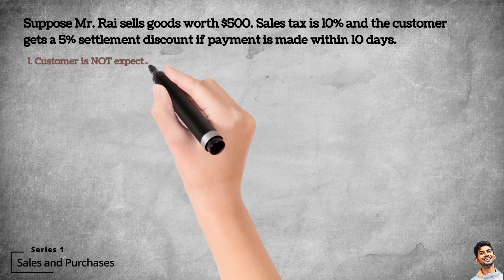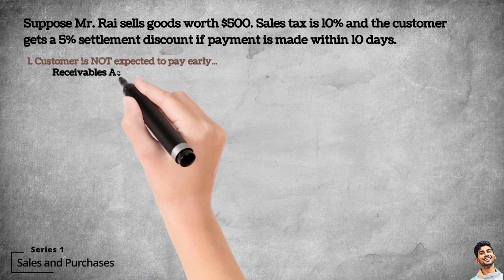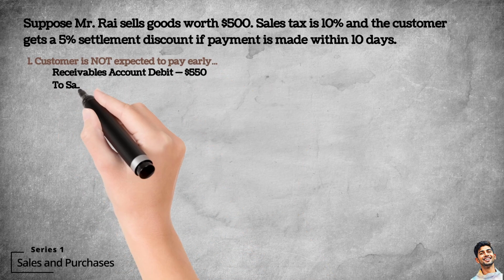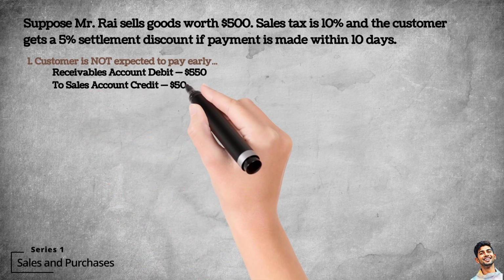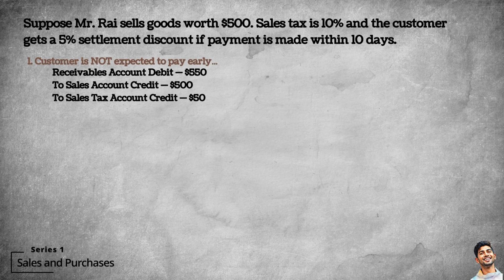Now if the customer is not expected to pay early, then the full sales amount is recognized. So the entry is receivables account debit $550, to sales account credit $500, to sales tax account credit $50.